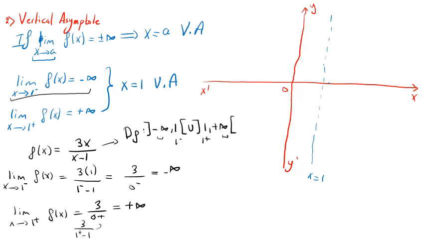First one. Here we have 1 minus, and here we have 1 plus. 1 minus, we mean it is before 1. Before 1, it is minus infinity, it's below.